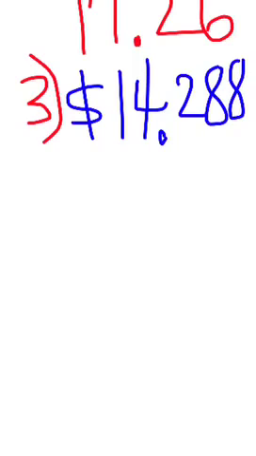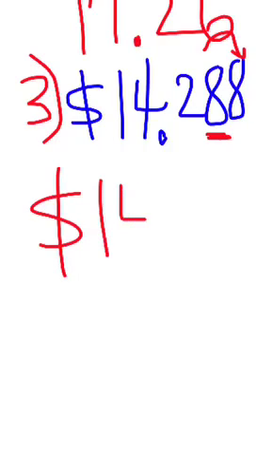Well, you know that money only goes, in most cases, 2 decimal places to the right. So we need to focus on that first 8 in the hundredths place and round it. So again, the number to the right here is more than 5. So our final answer would be $14.29.